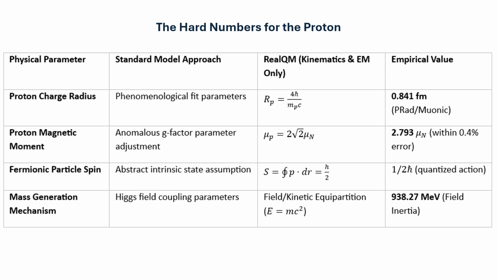So let's go to the predictions, these hard numbers for the proton. For the proton charge radius, as said, there's no real theory. There are models that fit parameters phenomenologically, but in RealQM we have that formula for the charge radius, which is 4 times h bar divided by the proton mass times the velocity of light.